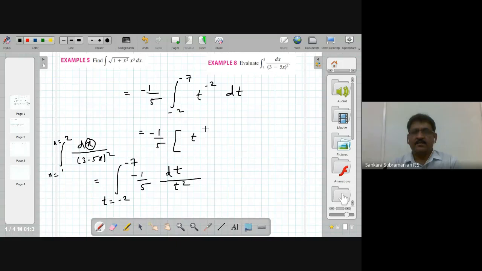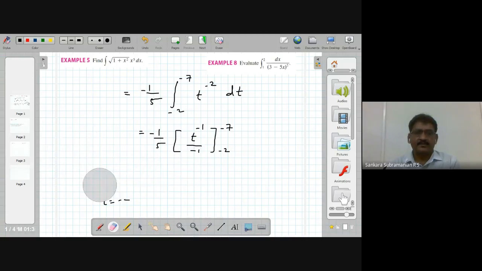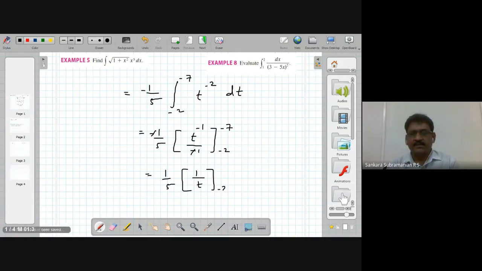This is t to the power minus 1 by minus 1, taking the limits minus 2 to minus 7. So this negative sign becomes positive. So 1 by 5, and this is 1 by t, from minus 2 to minus 7.